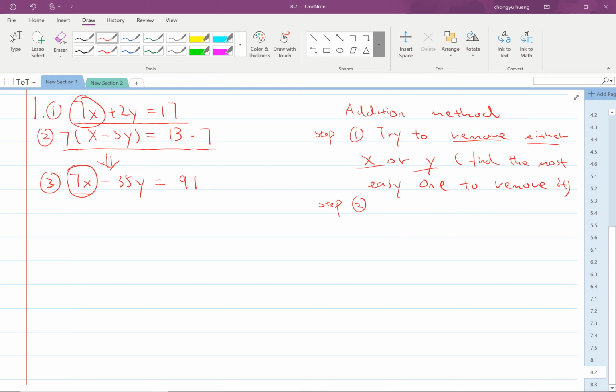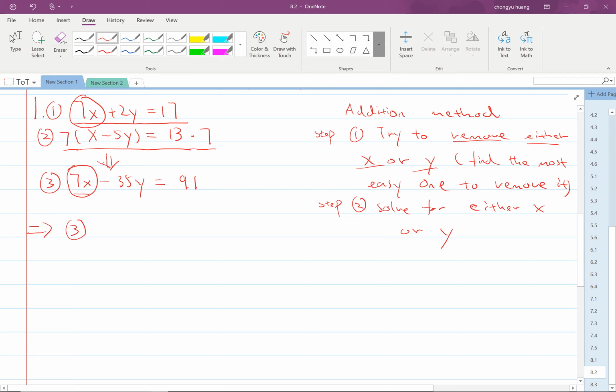Step 2 is basically to solve for either x or y. So the next step over here is you try to remove one variable.